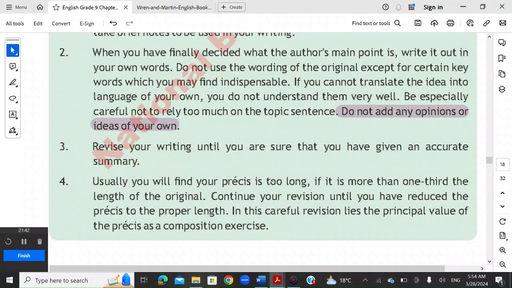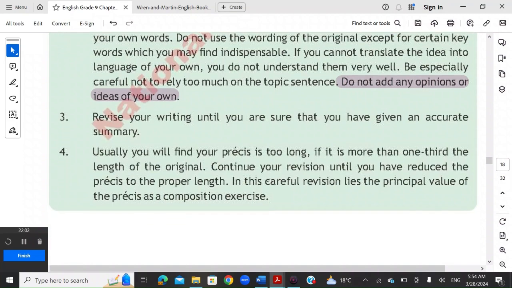But you are not supposed to put this example of mercy here within the text, because that is not present in the text. You're only supposed to summarize the information that is present in the text. And if you find repetitions, you are supposed to skip that information as well.